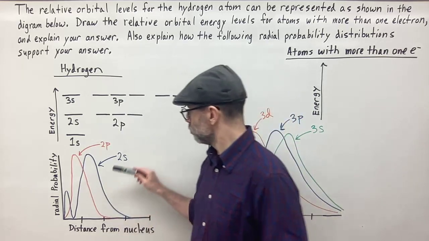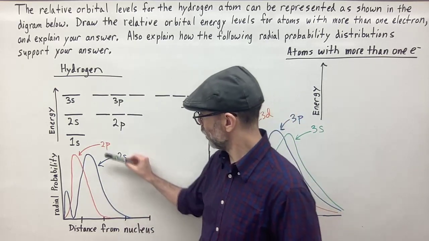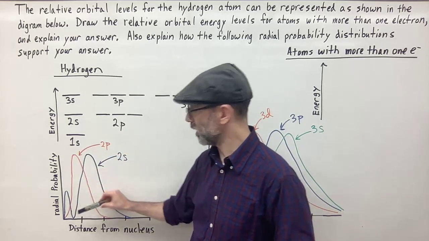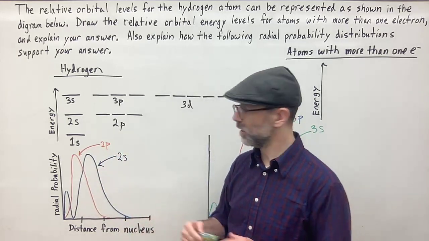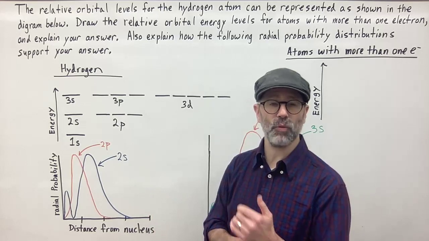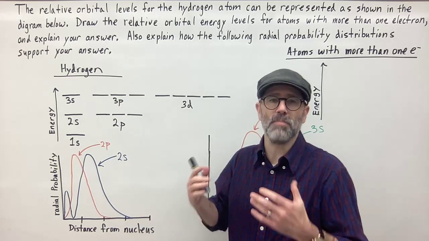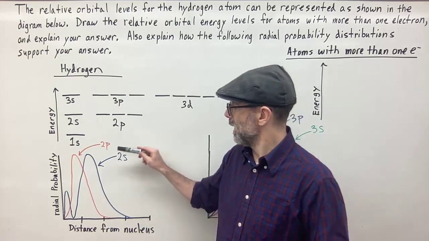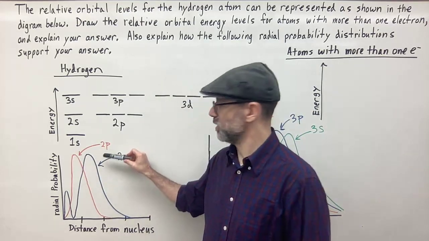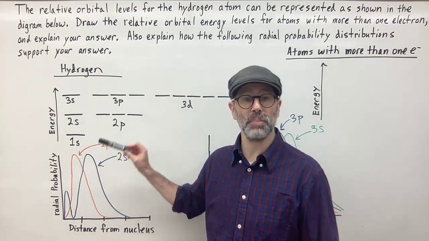And so when you see this plotting of the probability, it's like a probability map of where you're going to find the electron. Where are you most likely going to find the electron? The most likely place is at the peaks.